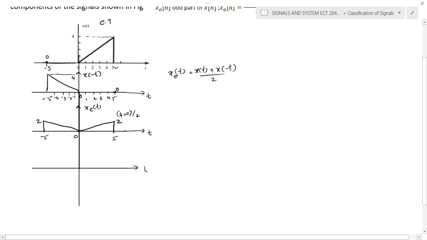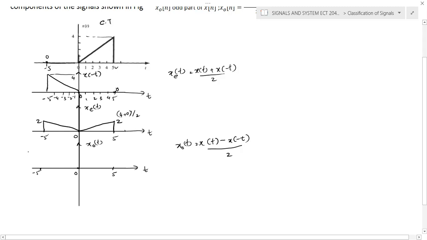Now we need the odd part. So in order to find the odd component of the signal, we need to perform x of t minus x of minus t by 2. Okay. So you can see that this is 5 and this is minus 5. And we need to plot this signal, the odd component. And for t is equal to 0, the first signal magnitude is 0 and second is 0. So 0 minus 0, you'll get 0.